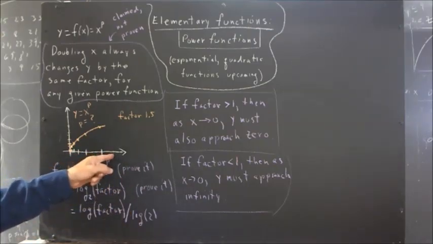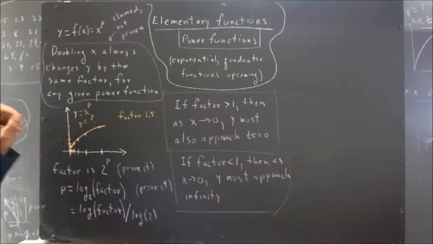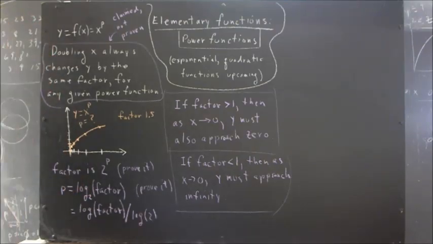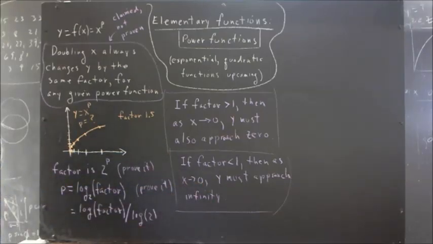The factor tells you how much y changes if x is doubled. If the factor is 1/2, then cutting x in half would end up doubling the value of y, and so forth. I don't want to talk too much about that because I want you to actually think about what these things mean, and we're going to do this in much more detail anyway.